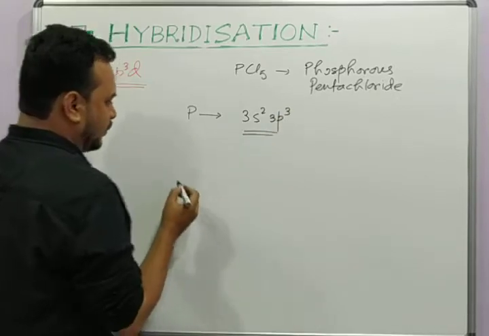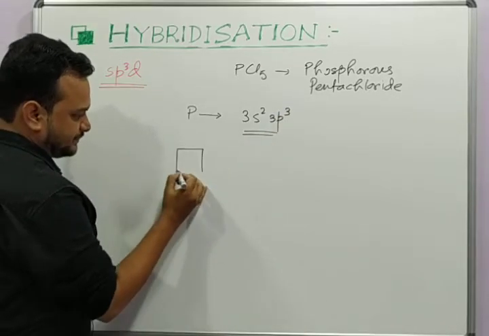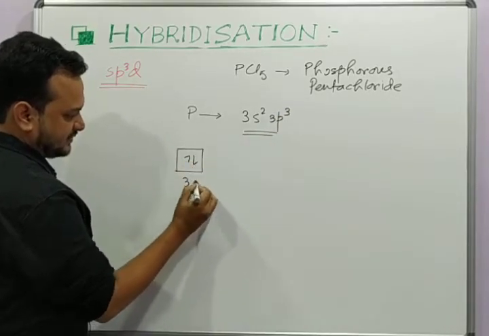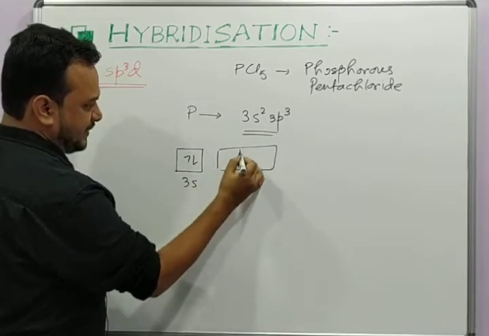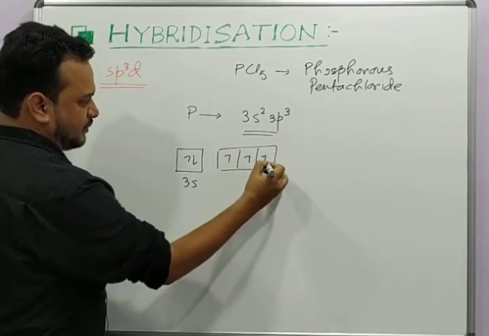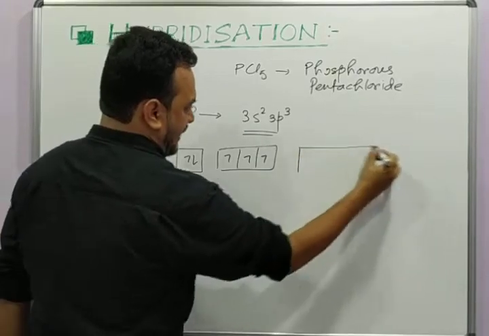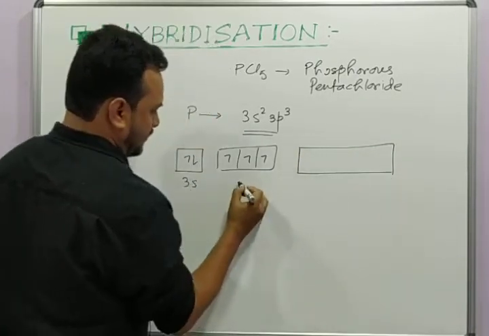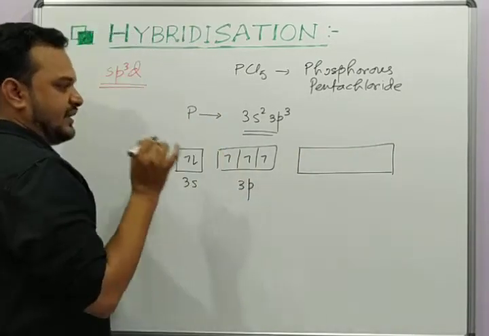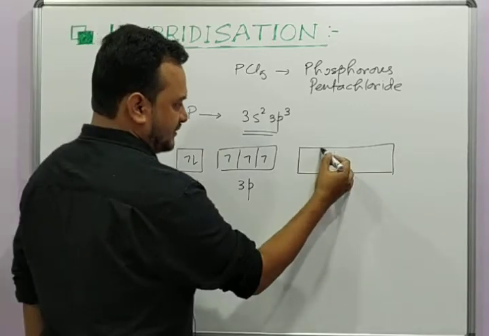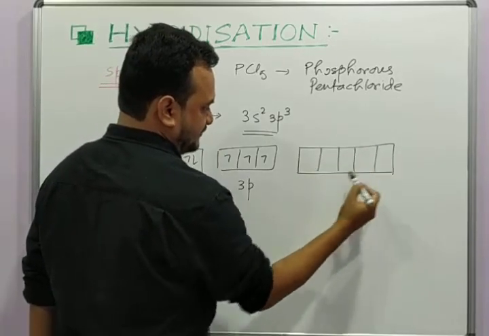So how will it look? It will look like this: 3s, then we have this 3p, applying Hund's principle, all will be unpaired, but we have in n equals to 3 the 3d orbital.